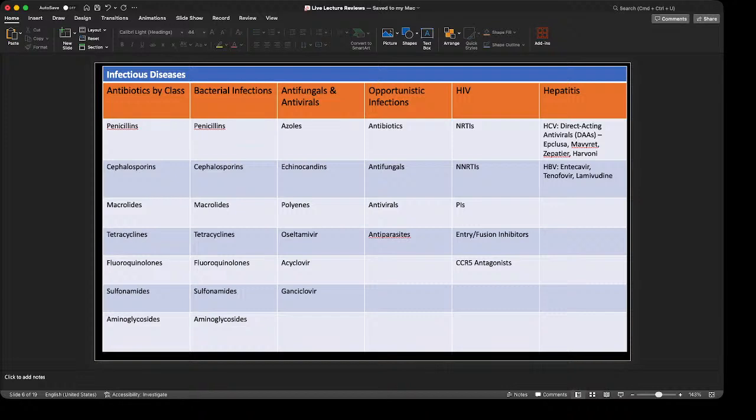Then all these antibiotics, bacterial infections, antifungals, opportunistic infections, HIV, hepatitis. It's important to understand some of those classes of medications, how they differ between one disease state and another.